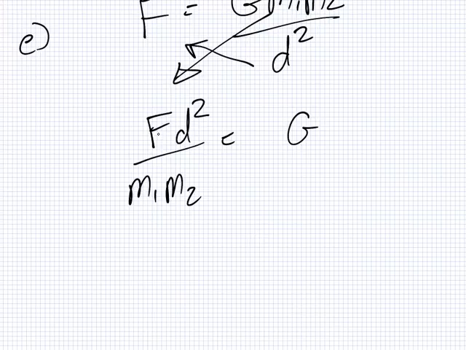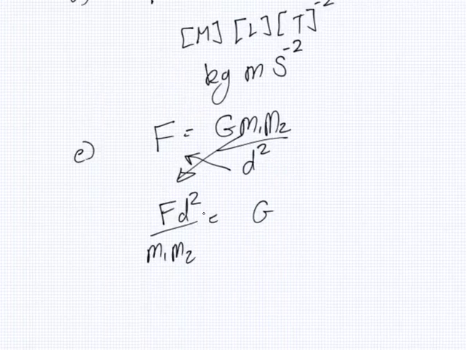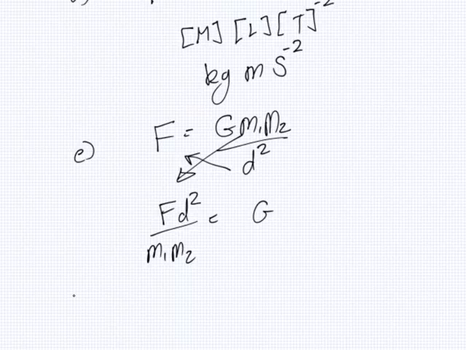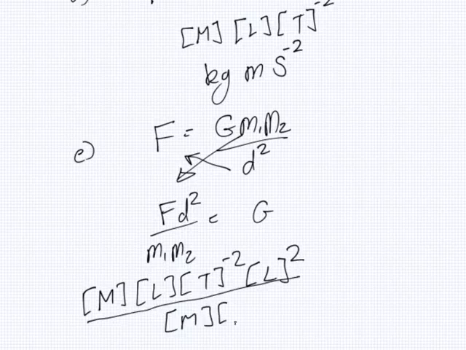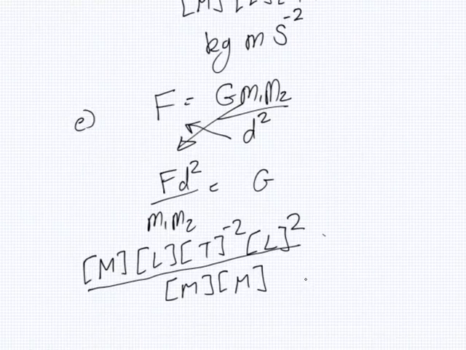Now, what is the unit for F? Well, we have that from earlier. Kg meters per second squared. So it's mass, length, time squared, and then D squared would be length squared, and then here we have mass and mass. Now, I can do some cancelling.